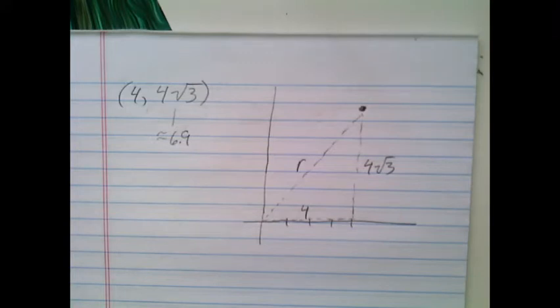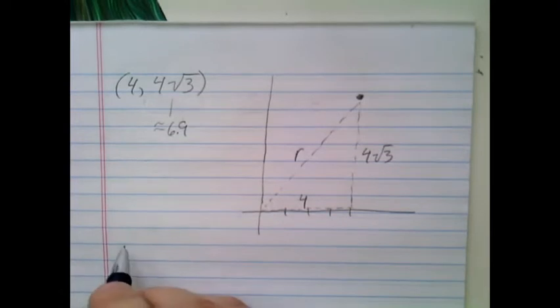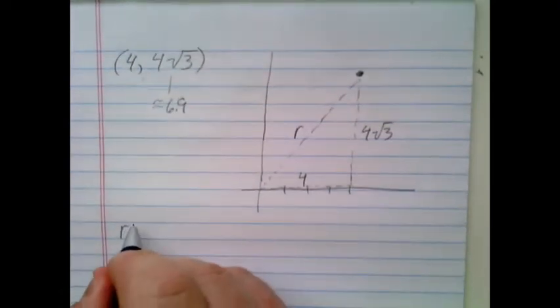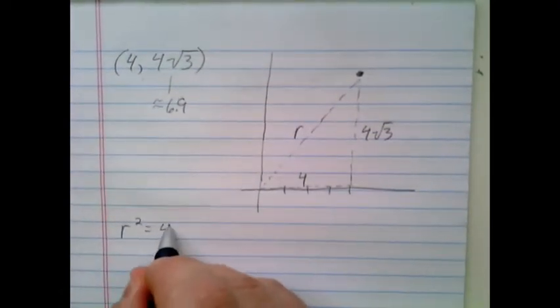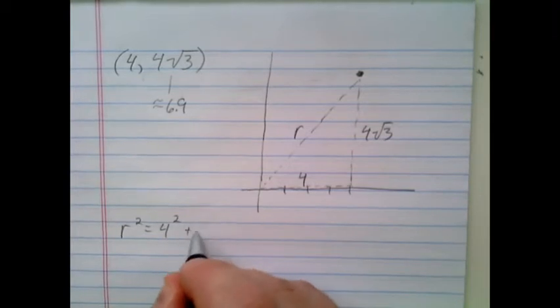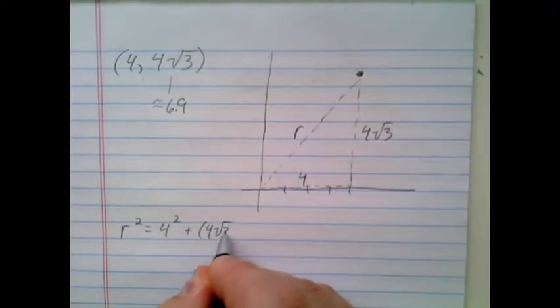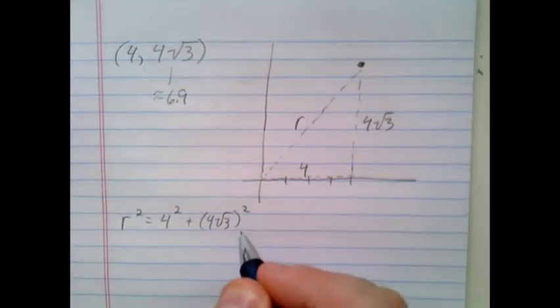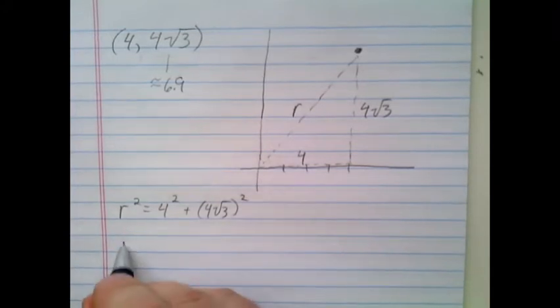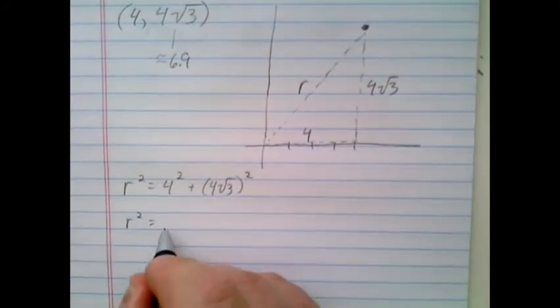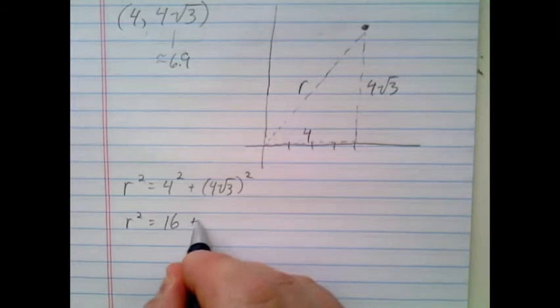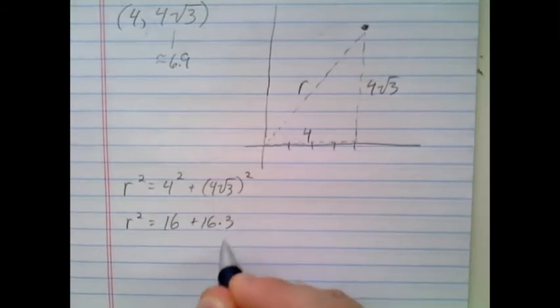If I call that side r, I can use the Pythagorean theorem to find r. So in particular, I can say by the Pythagorean theorem, r squared equals the x coordinate squared plus the y coordinate squared. So r squared equals, looks like that would be 16 plus 16 times 3.